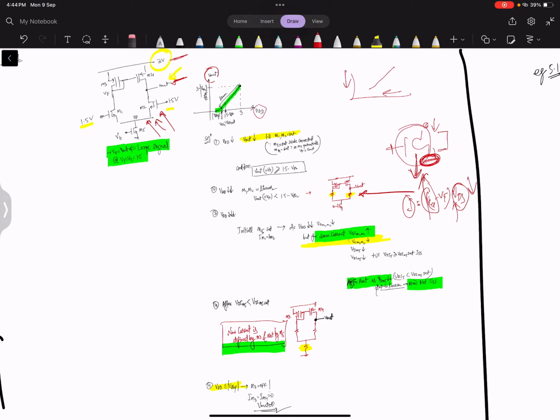Now if you see the fourth point, when the source voltage of M2 is such that the VDS of M5 is less than the VDsat of M5, in that case the M5 transistor is working in the linear region, and as in point number 4, this is also again in the linear region, and this is a resistance. So the characteristics of V out will be defined by this figure.